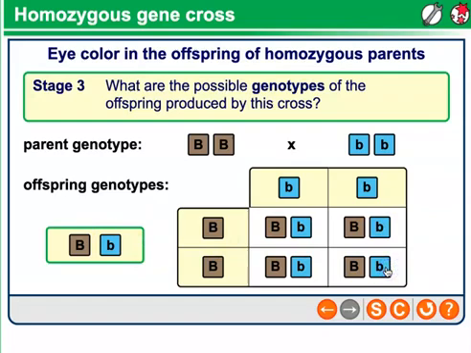So when I look at the probability of this cross, 100% of the offspring, or 4 of 4 boxes, will end up with this particular combination of uppercase B, lowercase b. All of the offspring are heterozygous.